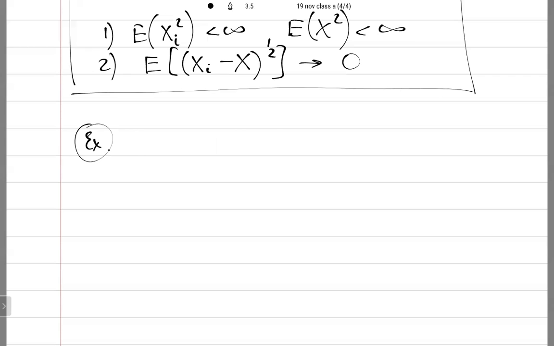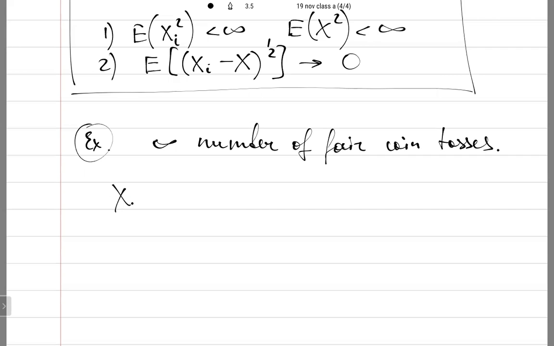Let's imagine an infinite number of coin tosses.